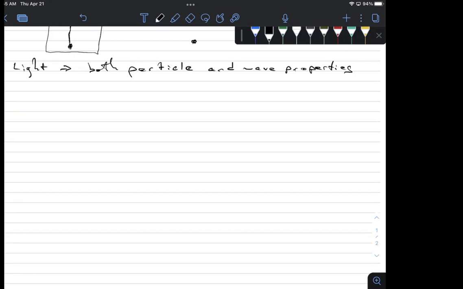Well, the first thing we know about it is it's actually a set of two different things at the same time. Another term we use for light, the more scientific term, is electromagnetic radiation.